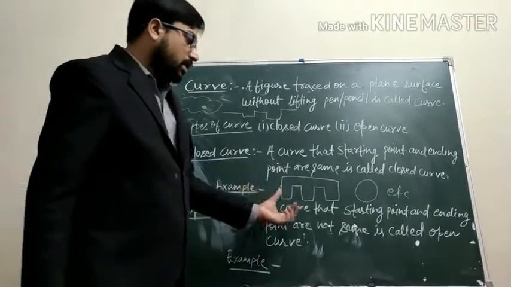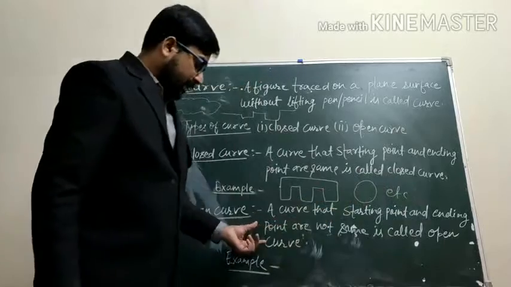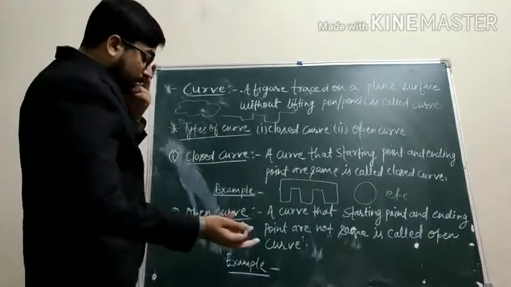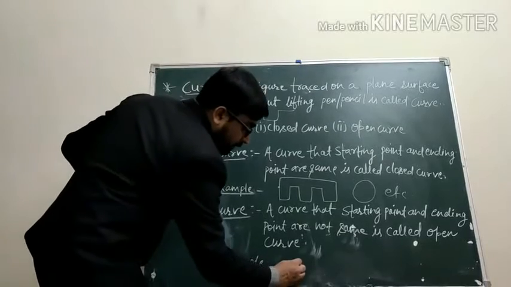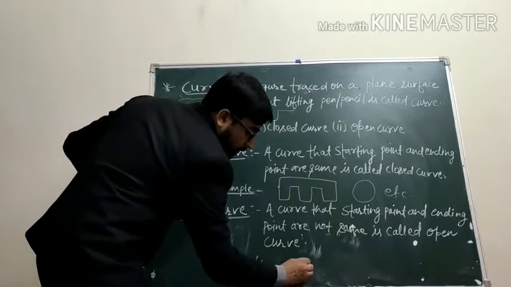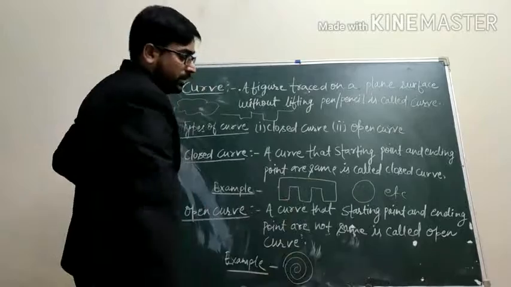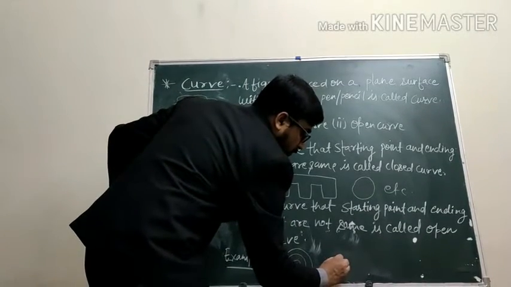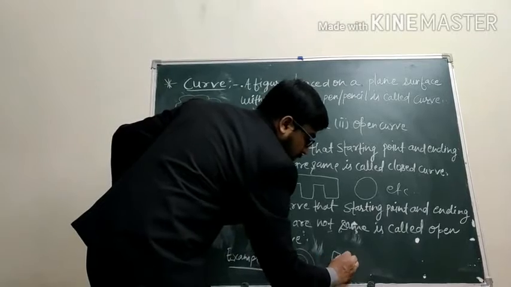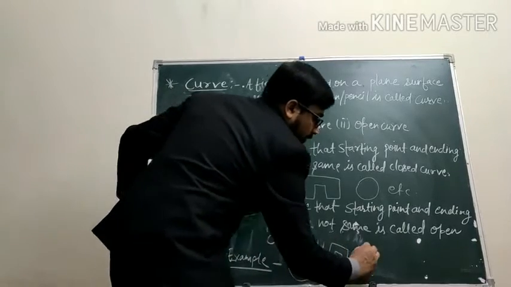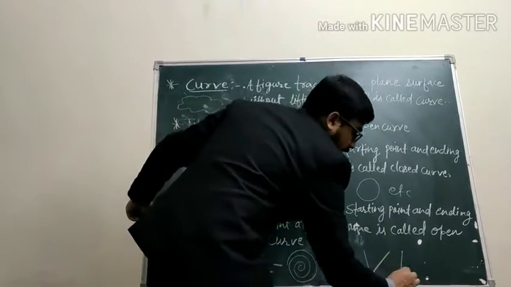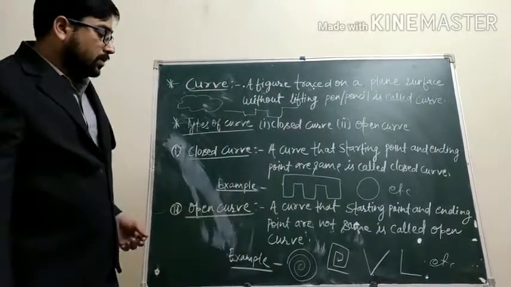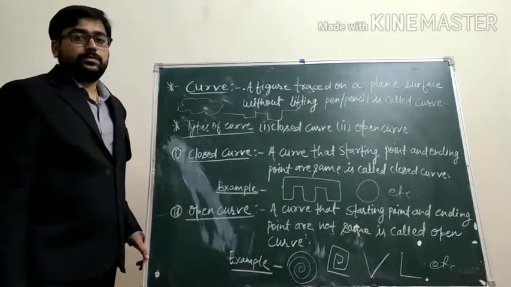Open curve: a curve whose starting point and ending point are not the same is called an open curve. Open means khula. Like this, like this, etc. These are the examples of open curves.